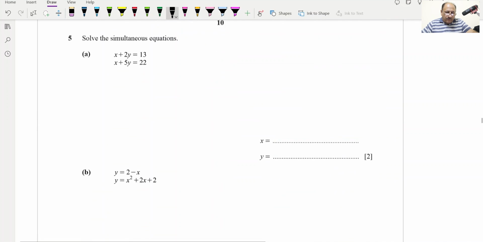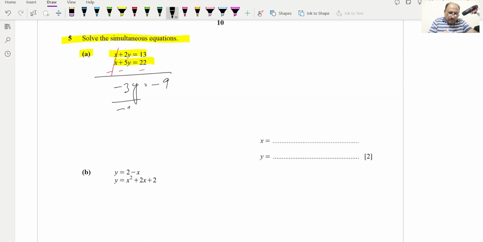Now question number 5. Question number 5 is simultaneous equations. Two equations are provided. We have to solve these two equations. If we check, the coefficient of x is the same, so we can subtract, changing signs, and these will be cancelled, and we will get minus 3y is equal to minus 9.